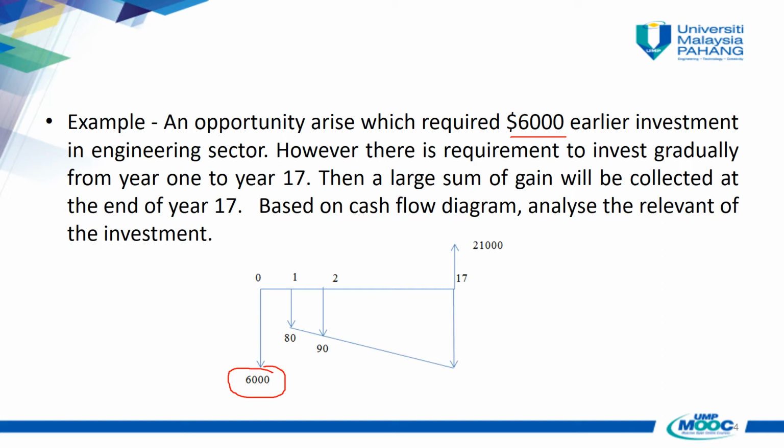However, there is a requirement to invest gradually from year 1 up until year 17, gradually, in value of 10. And then after that, a large sum of gain will be collected at the end of year 17, 21,000 here. So based on this cash flow diagram, analyze the relevance of the investment.